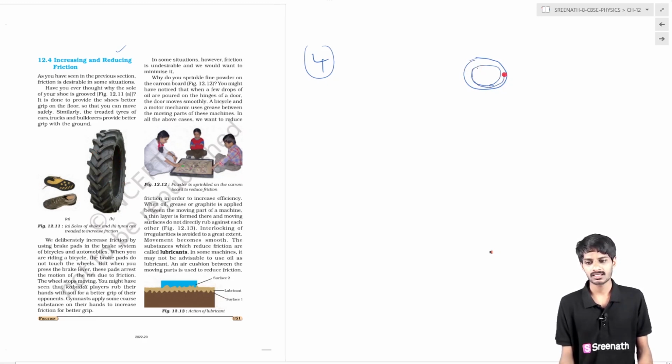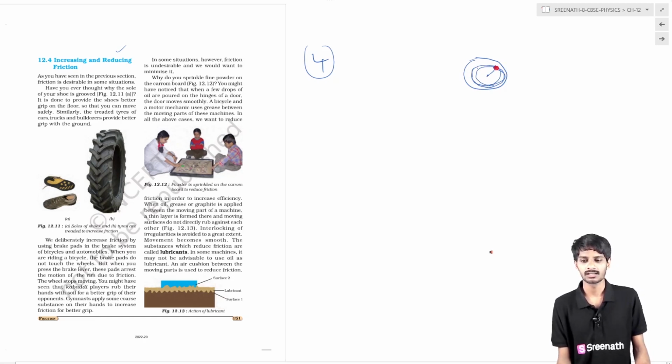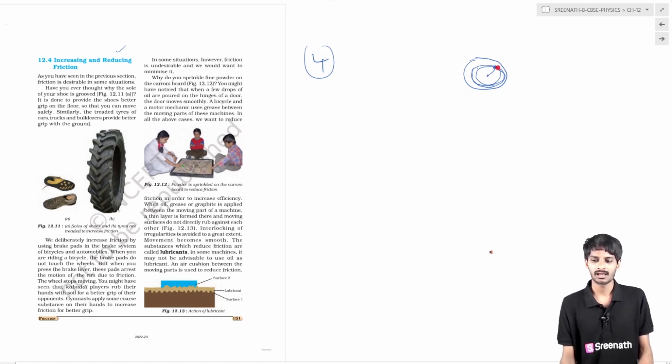Here there is a rim. In the case of a cycle, when brakes are applied, the rim is stopped, because the brakes are attached to the rims. The rim is attached to the tire, so the rim stopped.